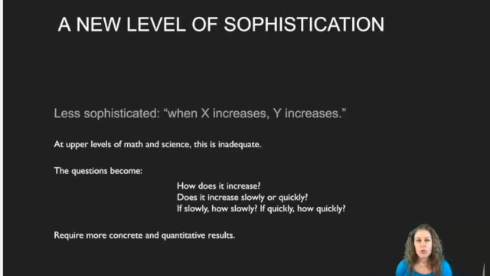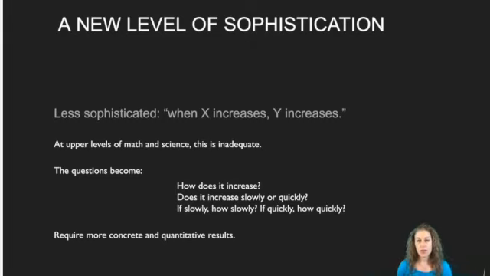And I want you to start using a new level of sophistication. I've been talking about this all year, right? When you say, when distance increases, magnetic field increases, and you say that that means direct, that is oversimplifying the case. It's not that that's untrue. It just doesn't catch all the nuance that you really can discuss when we're talking about trends.